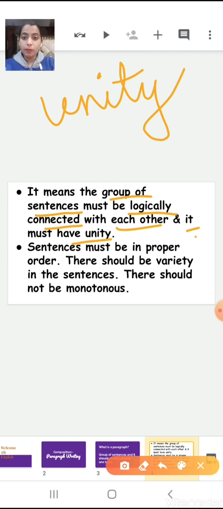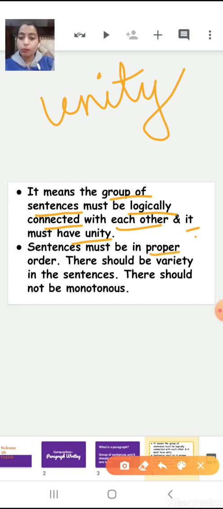Unity means that all the sentences are related to the topic on which we are writing a paragraph. All right?